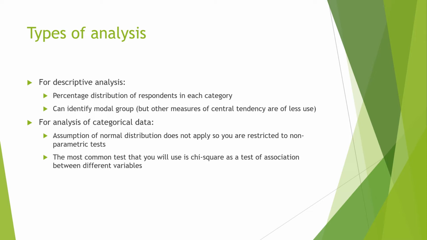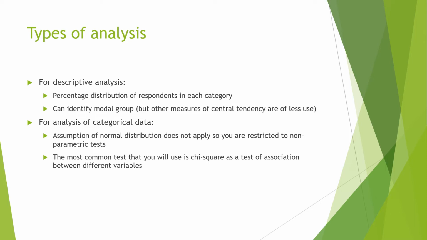What you can do with categorical data is look at the associations between two variables, and we can test whether an association between two variables is significant. And the most common test that you will use here is a chi-squared test.